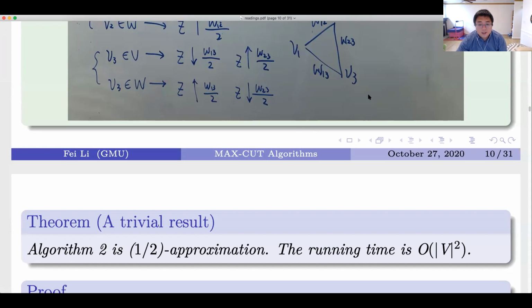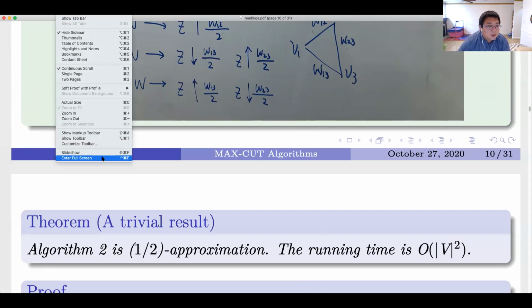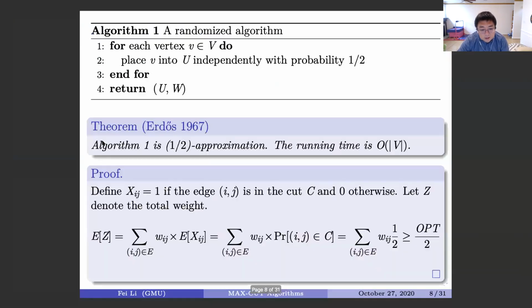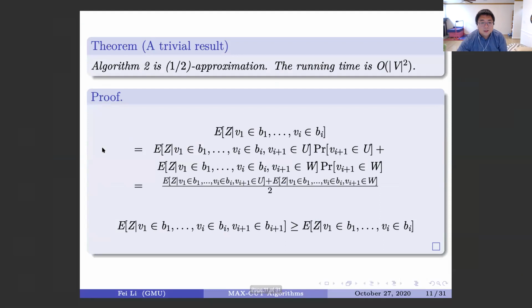Okay, good. Give me one second, I'll go back here. This is the expected value of the total weights of this cut, given the condition that V1 is in U or W. This is inductive, right?